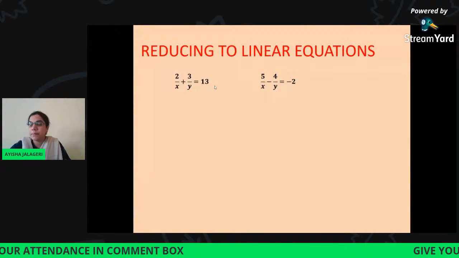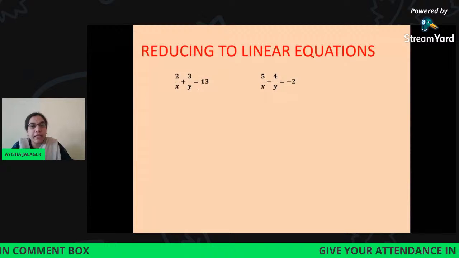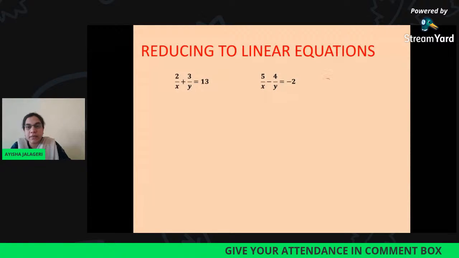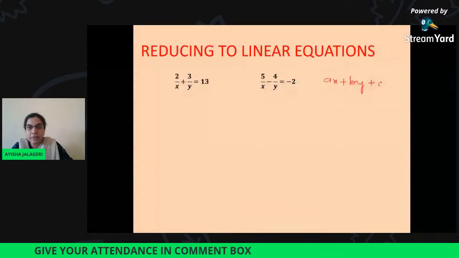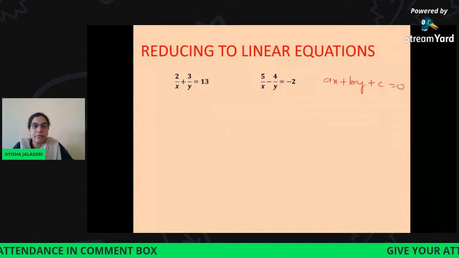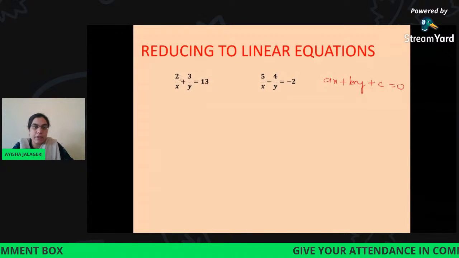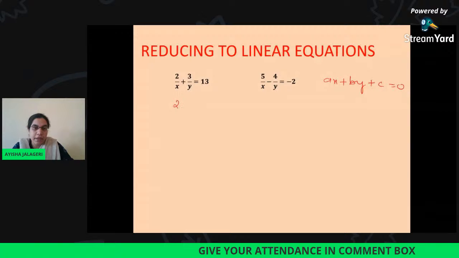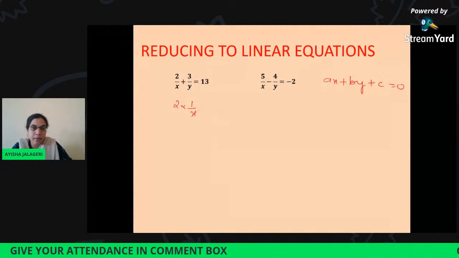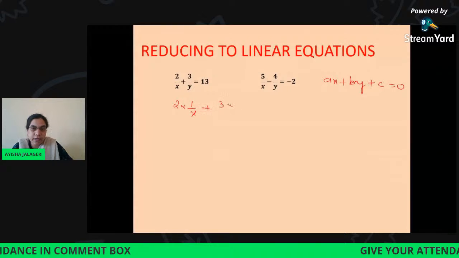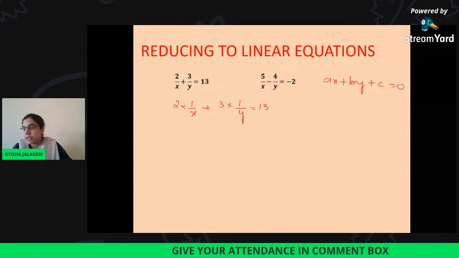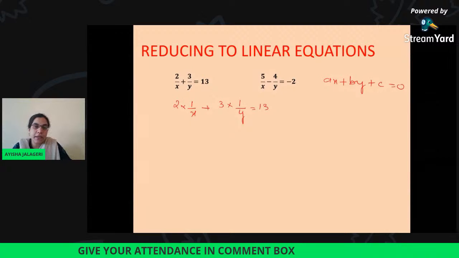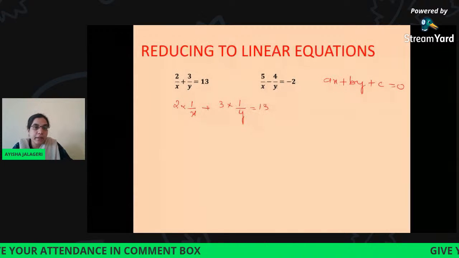Yes. Here, how to make this into the general form, that is our ax plus by plus c form, is the first thing. When I split this, I can write 2 by x as 2 into 1 by x, plus 3 into 1 by y is equal to 13, and similarly the second equation I can also write, right?